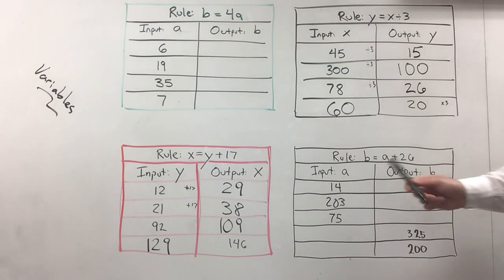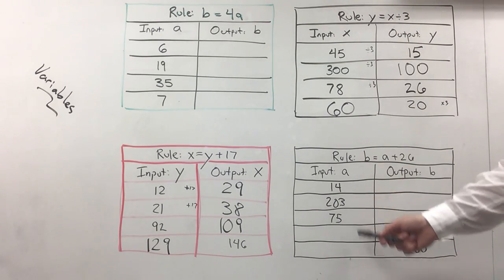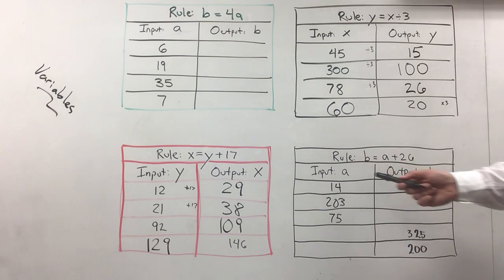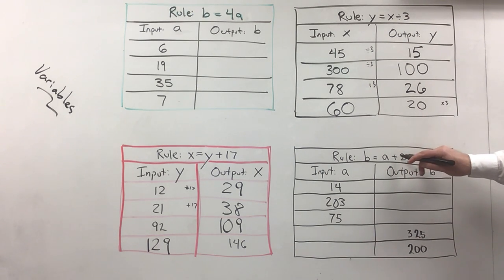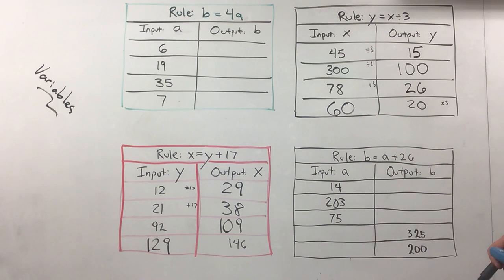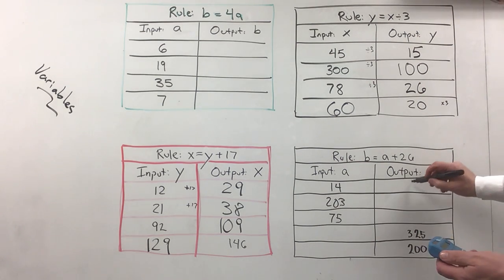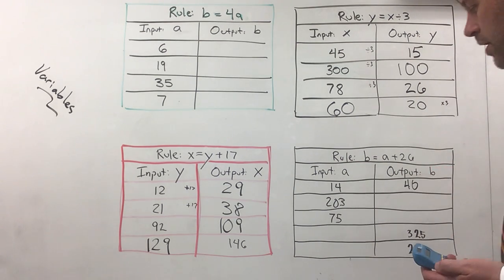All right, let's go down here. Now this one's a little different. This says the input has a new variable. This is called an A, and the output's always going to be the B. So they're saying take the A and add 26 to get the B. So 14 is my first A. 14 plus 26, I got 40.